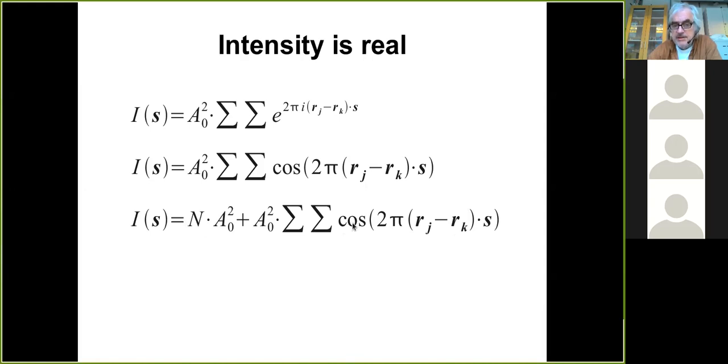But what does it mean? It means that you will never have 0 intensity of a reflection, but you will have an intensity related to the number of atoms. This term is linear in the number of atoms. The interference term is quadratic because it's a double sum, proportional to n squared.